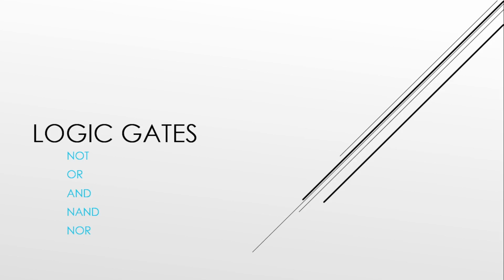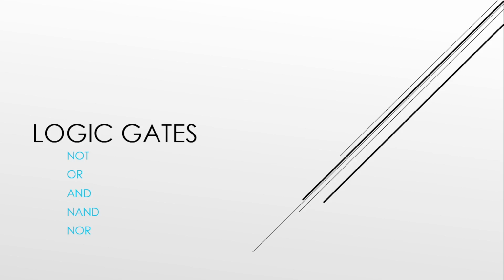In all, we will deal with 3 basic gates and 2 universal gates along with 2 special purpose gates. The 3 basic gates are NOT gate or simply inverter, OR gate and AND gate.